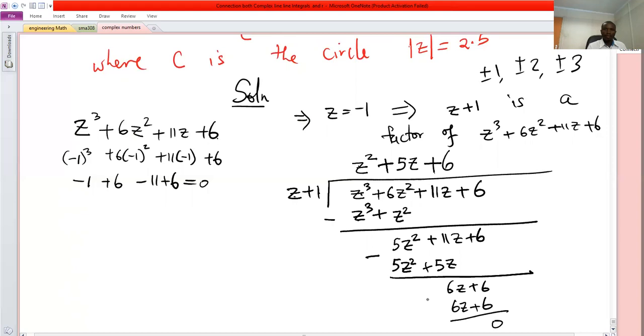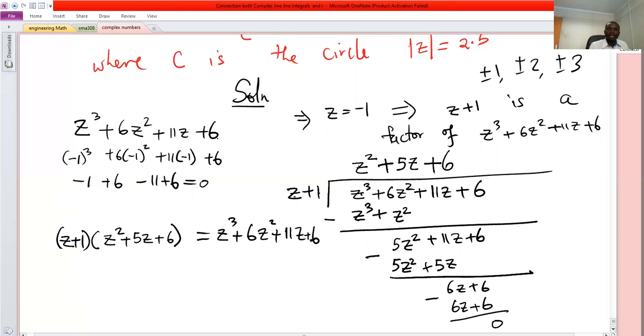So I get 0 here. So it means that z + 1, if I multiply by z² + 5z + 6, I get z³ + 6z² + 11z + 6.